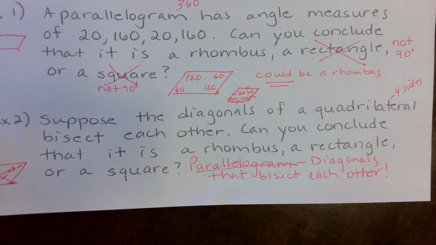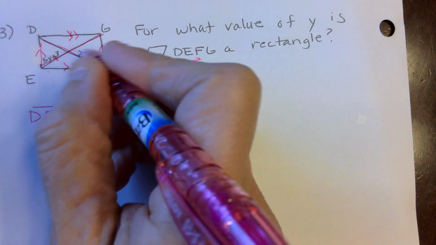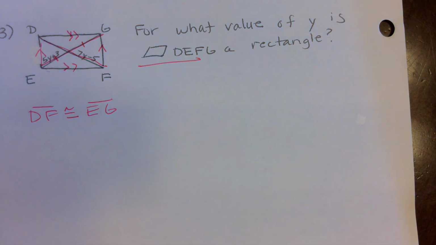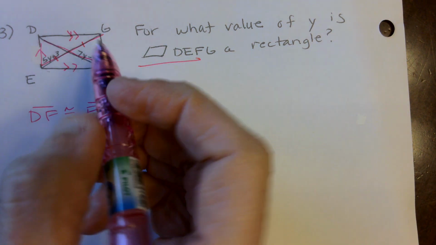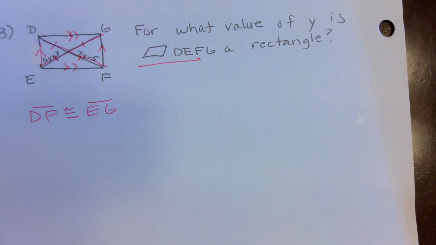Diagonals bisect each other. So we know this and this are the same. And if it's a rectangle and we know that these are the same, these will all four have to be the same.